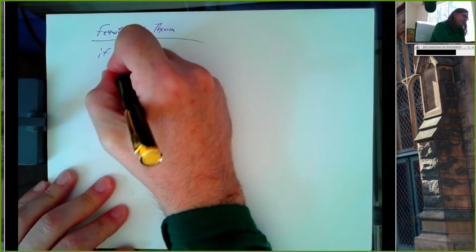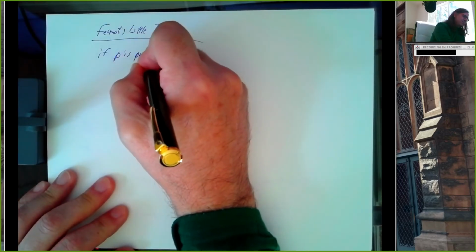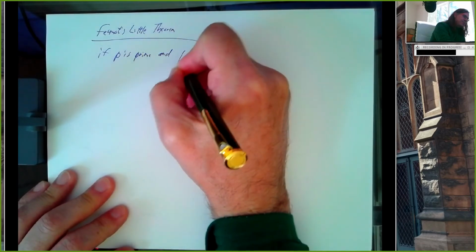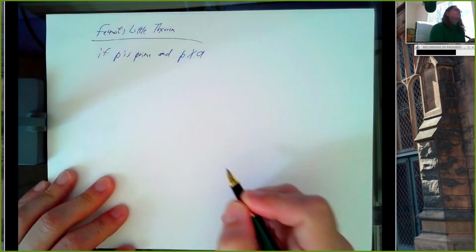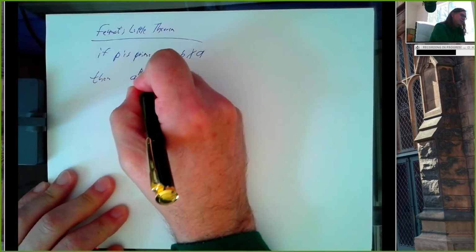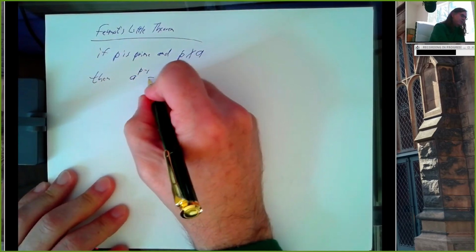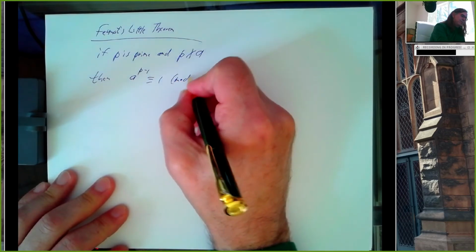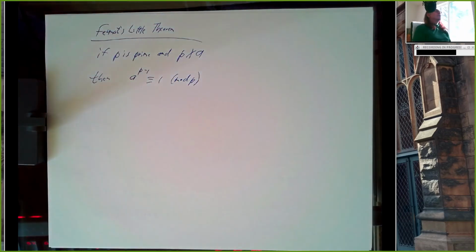So if P is prime and P does not divide A, then A to the P minus 1 is congruent to 1 mod P. Alright, so fix some prime P in your head.